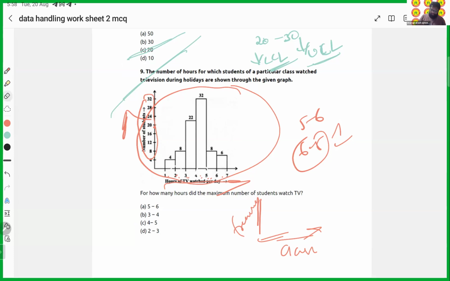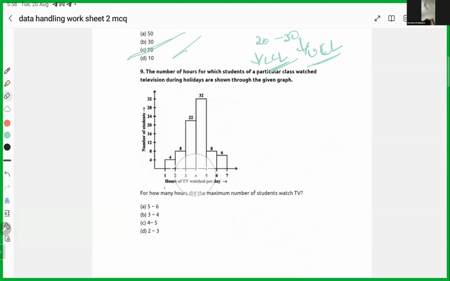Any doubt? No, sir. So the only difference between a histogram and a bar graph is that a bar graph is predicted from the given data, which you draw as you like. This is one example, hours of TV, and this is the number of students. Suppose I construct this graph with a time interval or class interval from 6 to 7, and I note down the subjects here.